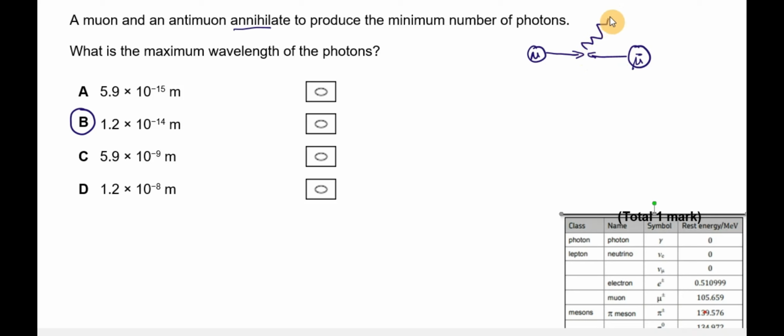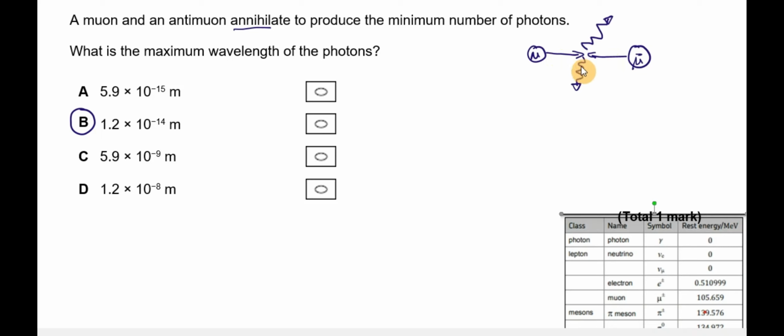Now, there has to be at least 2 photons produced, and that's in order to conserve momentum. The muons have momentum, they're traveling in opposite directions, so we can assume overall there's 0 momentum when we add the positive and the negative momentum vectors together.